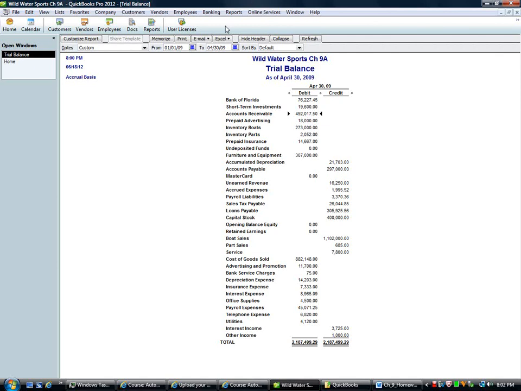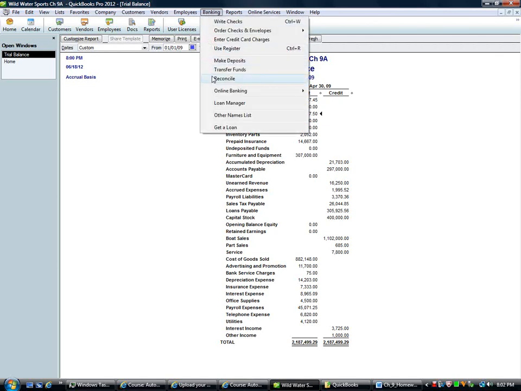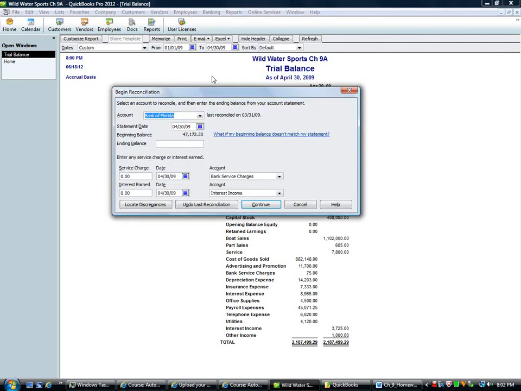So let's do that. We go to banking. We go to reconcile. So remember, the bank is keeping track of our records as well. So the bank statement date is as of 4/30/09. This was the beginning balance on the bank statement before, and we are showing an ending balance of 54,475.02.